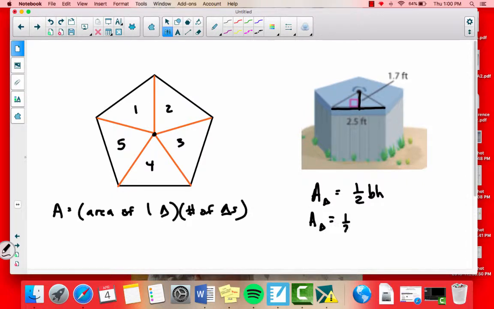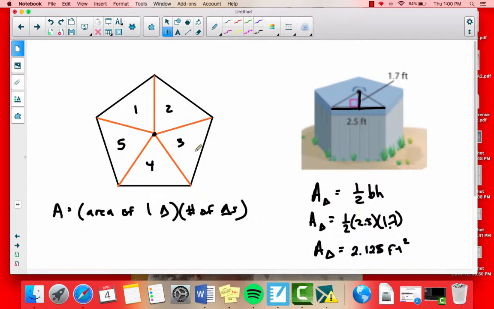We're going to have 1/2 times our base, which is 2.5, and then times the height, which is 1.7. So we can go to our calculator and plug those in, and this is going to get us 2.125. So the area of the triangle is 2.125, and that would be in feet squared.